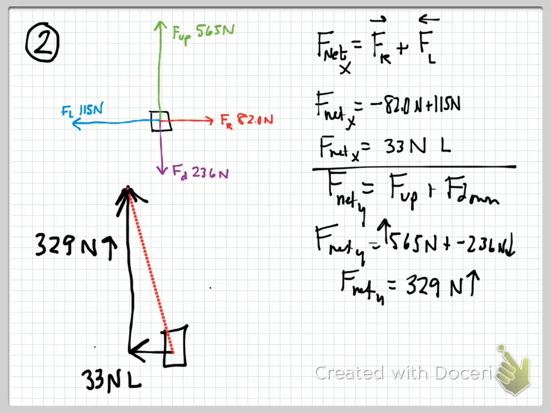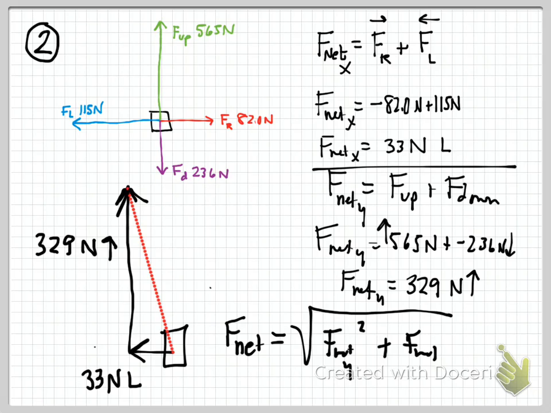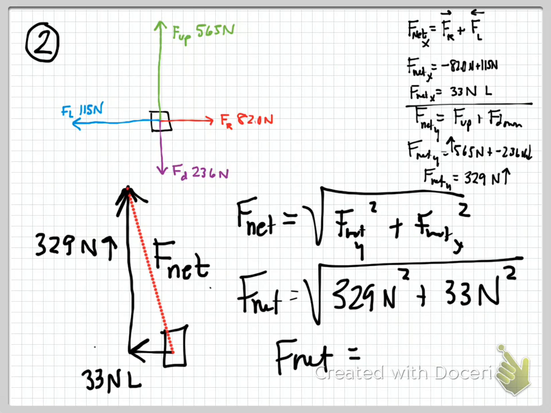So there's our Pythagoras: force net is equal to the square root of force net y squared plus force net x squared. Net force is equal to 329 newtons squared plus 33 newtons squared, which gives a net force of 330.650873, etc. newtons.